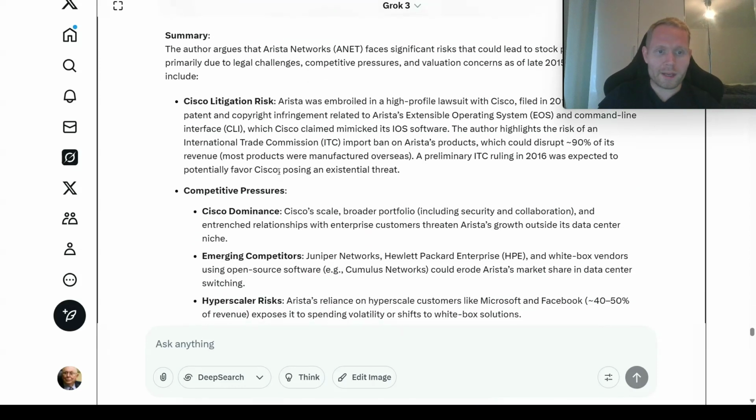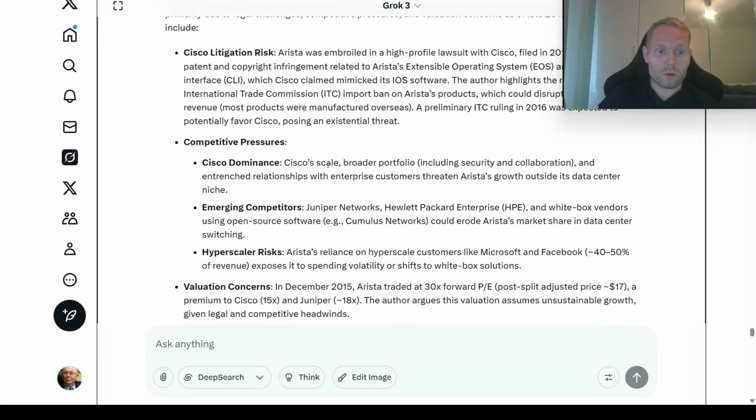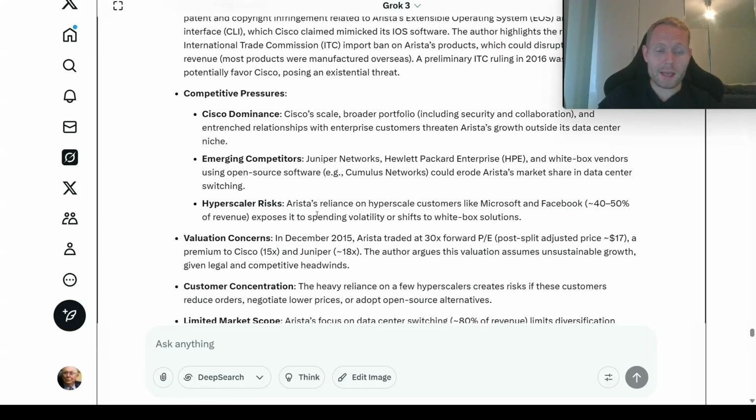Competitive pressure and Cisco dominance and the lawsuit against Cisco were the problems back then, which have since been settled, and they've actually, like we've seen, taken a lot of market share from Cisco, and while Cisco is going down, Arista just keeps growing their market share. So this one doesn't really apply now, except for maybe valuation concerns.